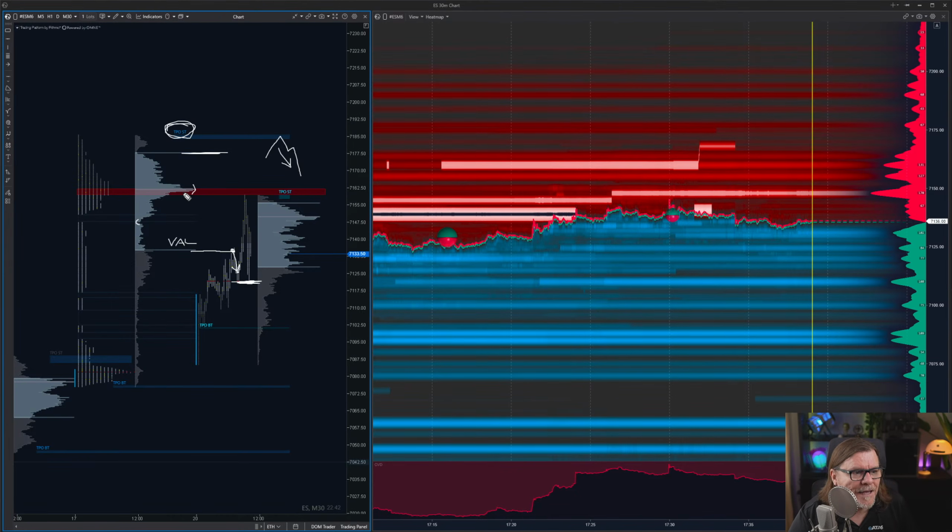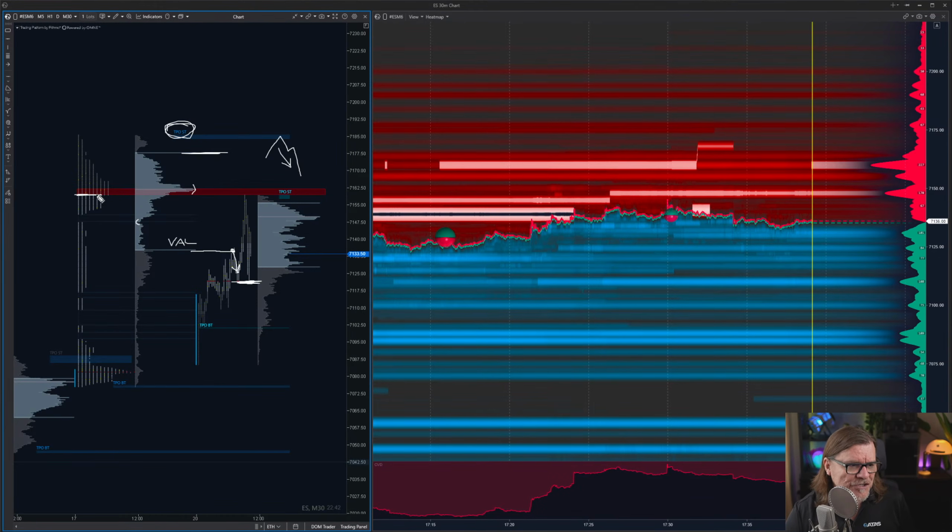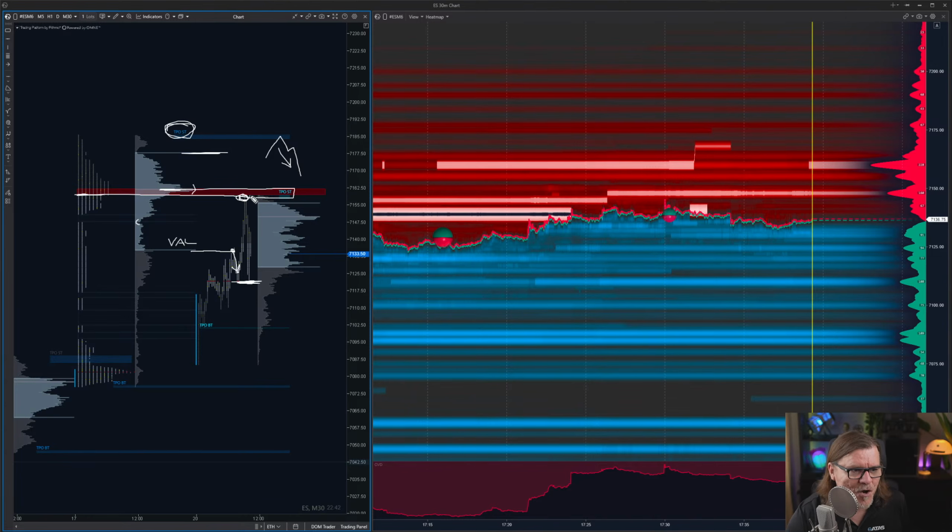Imagine drawing here. This is no magic at all, because this is the VAH of the market profile and this is the POC of the volume profile. These are absolutely clear levels. So I draw a rectangle here and look at that.